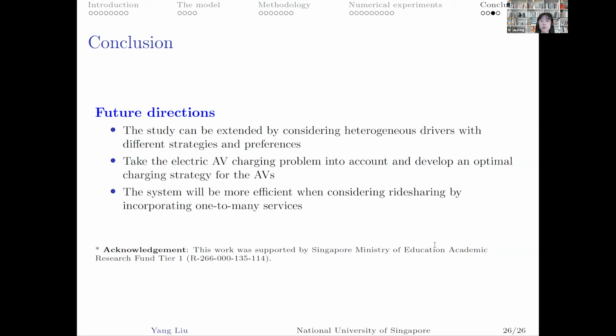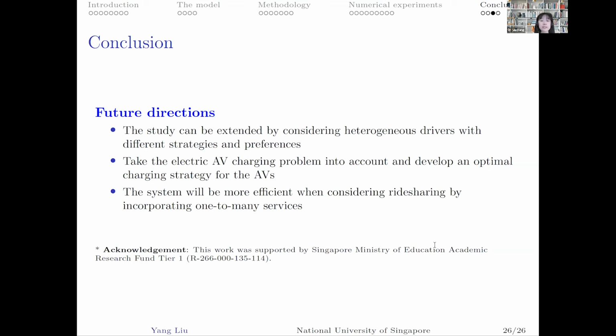So here we assume drivers are homogeneous. Maybe a driver may have different strategies and different preferences. And then we can consider the electric AV, where the electric vehicle has the problem of charging and battery range. Then we need to consider all the constraints and the charging decisions in the framework.